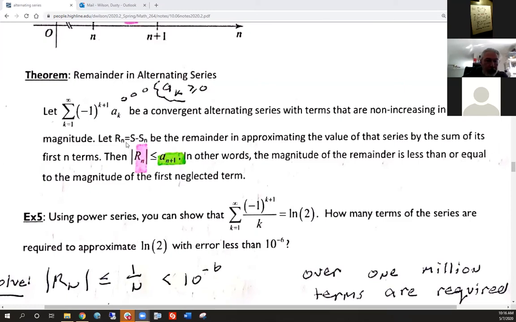Let the remainder be given as follows. Then the magnitude of the remainder is always less than or equal to the next term out. In other words, the magnitude of the remainder is less than or equal to the magnitude of the first neglected term. We can show how this works in the following example.